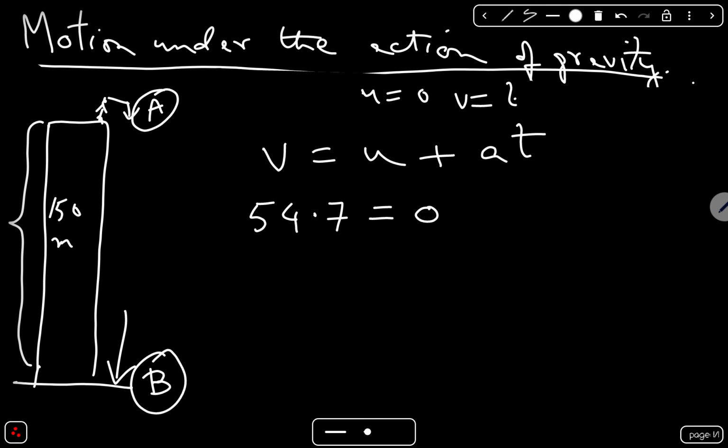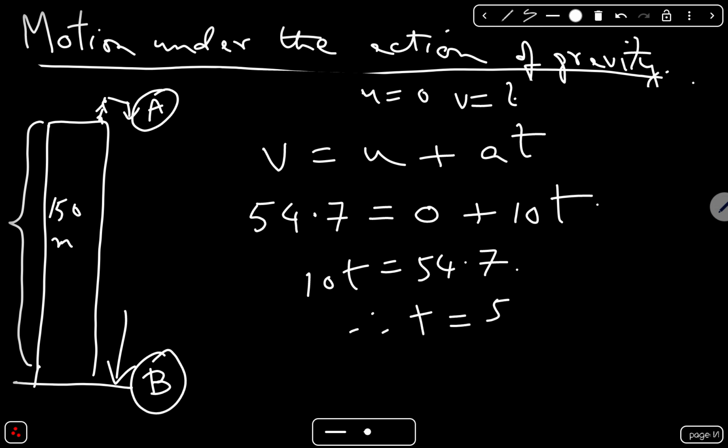Initial velocity is 0, and the value of acceleration due to gravity they have given us is 10, so 10 into t. Therefore 10t is equal to 54.7. Therefore time t is equal to 54.7 divided by 10. I am getting 5.47 seconds.